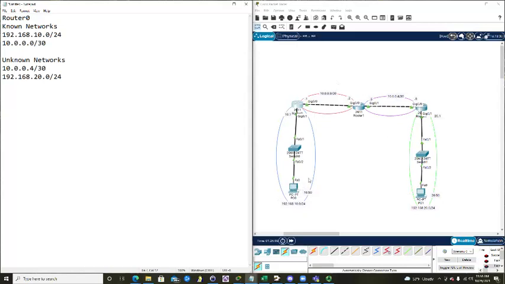But if I want PC0 to be able to ping that G01 interface at 10.0.0.5 or the G00 interface on router 2 at 10.0.0.6, I do need to write this route. But unless I need to ping those interfaces, this is considered an optional route.